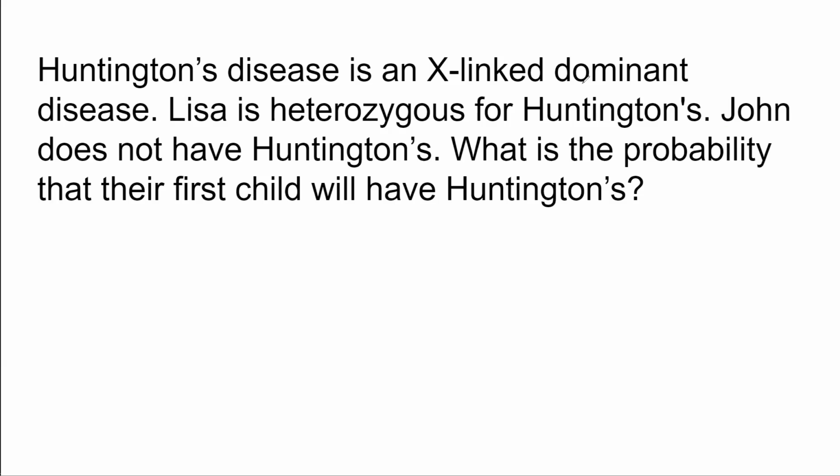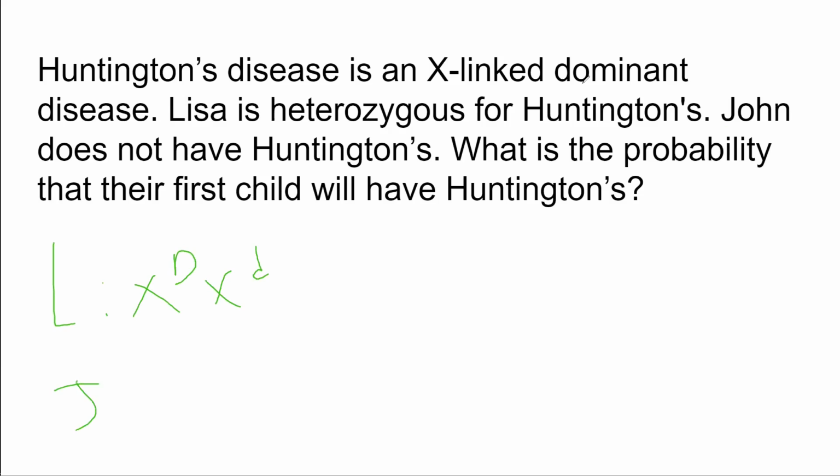So let's look now at the genotypes for each. Lisa is heterozygous for Huntington's. So what does this mean? Let's look at the phenotype. If she's heterozygous, she's going to have a dominant and a recessive. She's a girl, so she has two X chromosomes: one dominant and one recessive. Now let's look at John.